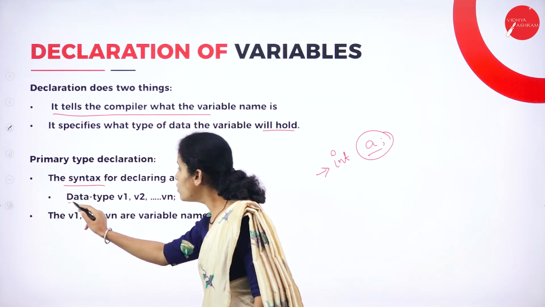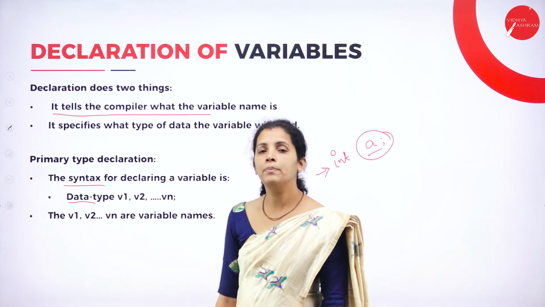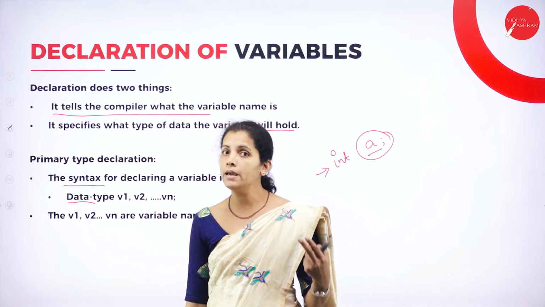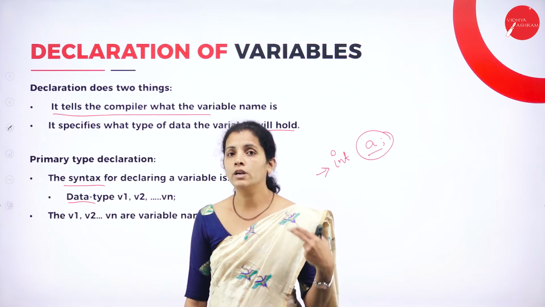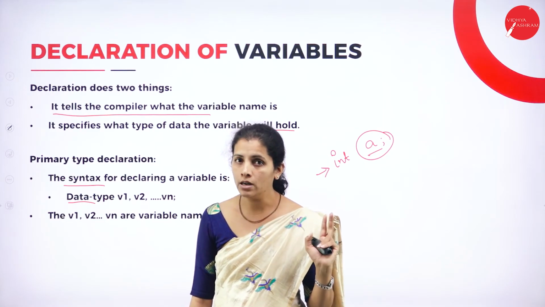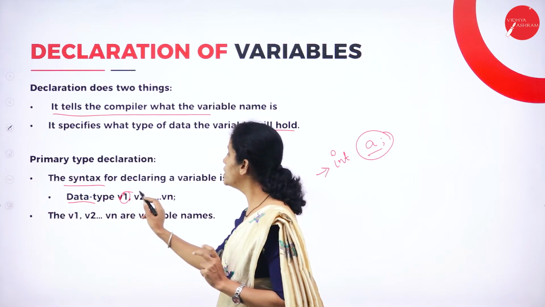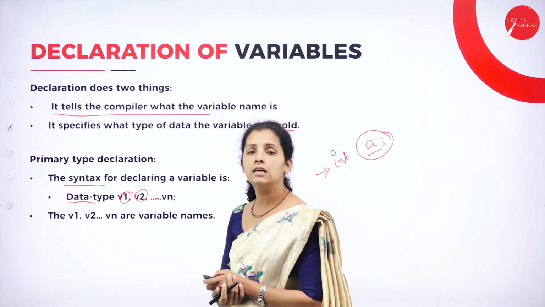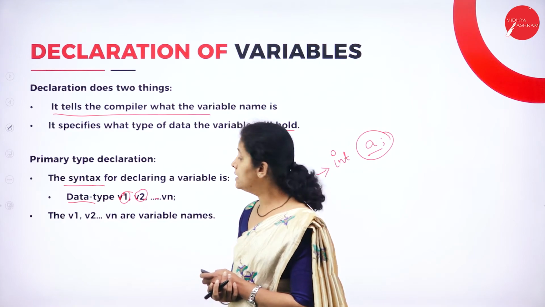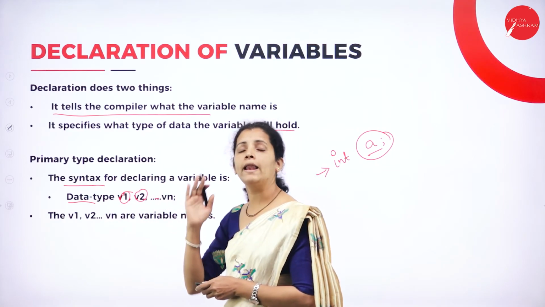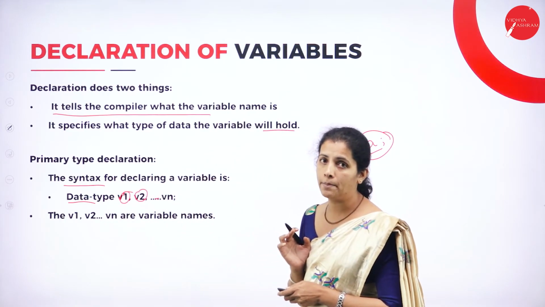At the beginning I want to write the data type name. The data type name may be integer, float, character, double, or whatever you want to use. And v1, v2 up to vn are the variable names, so I can have n number of variable names.